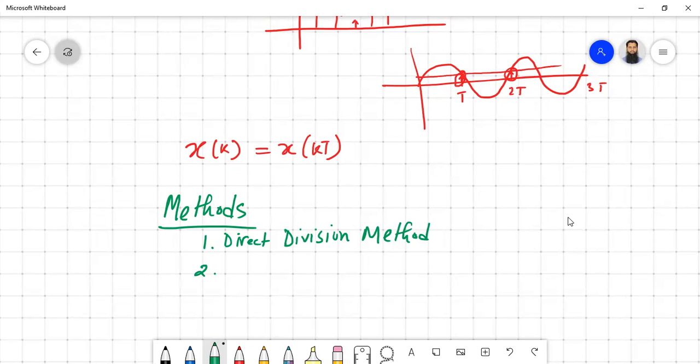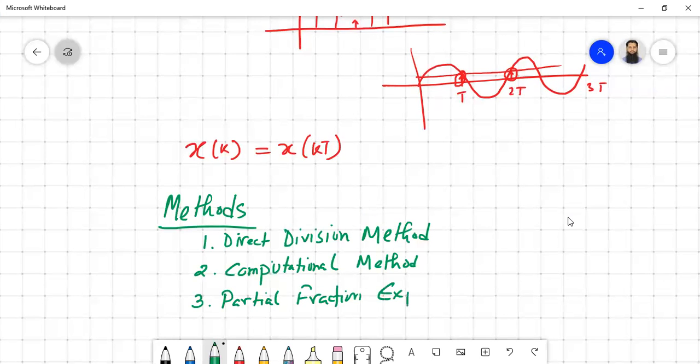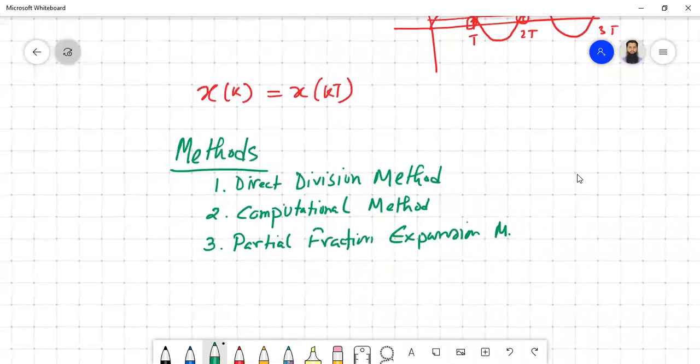Then we have the computational method. Then partial fraction expansion. And the fourth one is the inversion integral method.